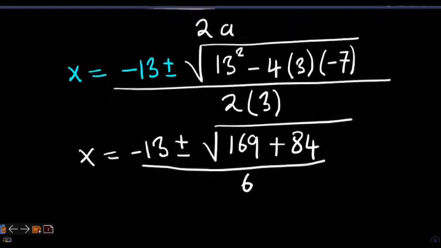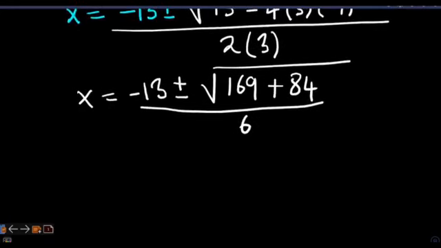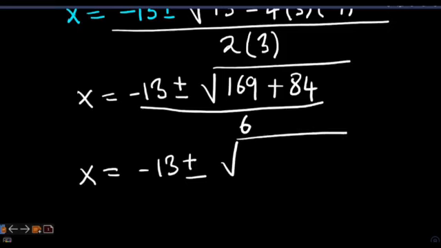Then from there, let us work out what is inside the square root. So write x equal to negative 13 plus or minus the square root of, so just add 169 plus 84.